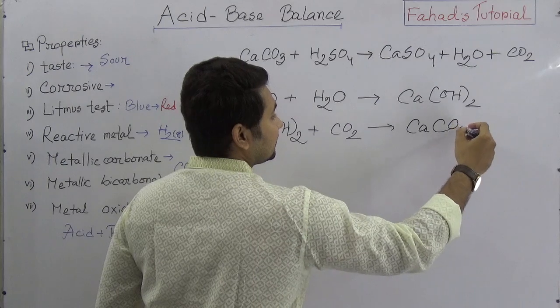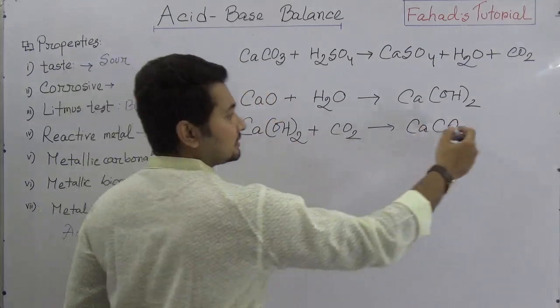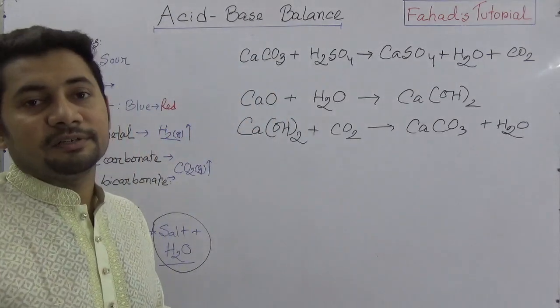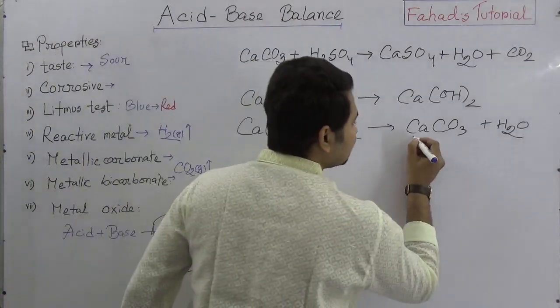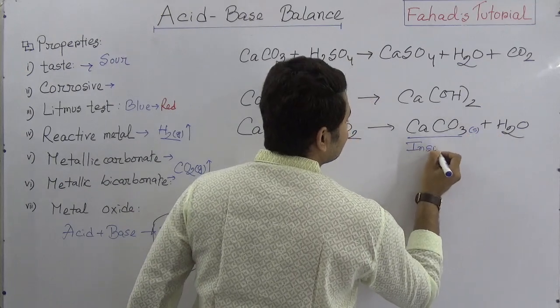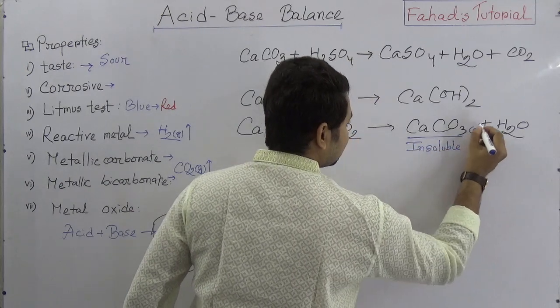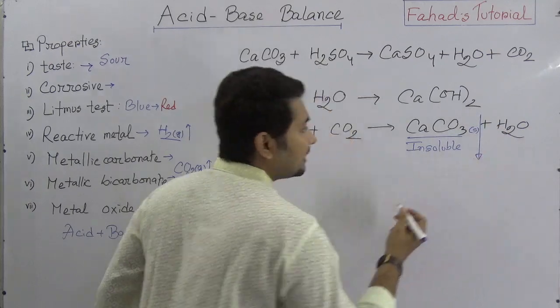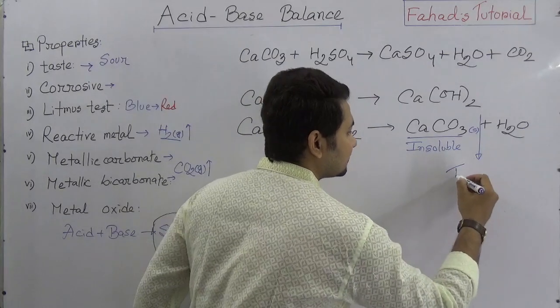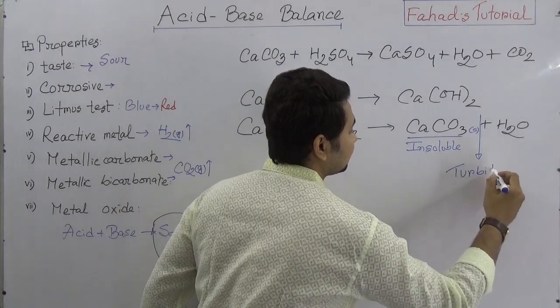So when you add carbon dioxide to lime water, it produces calcium carbonate plus water. This calcium carbonate is insoluble, and that is why it precipitates and makes the solution turbid.